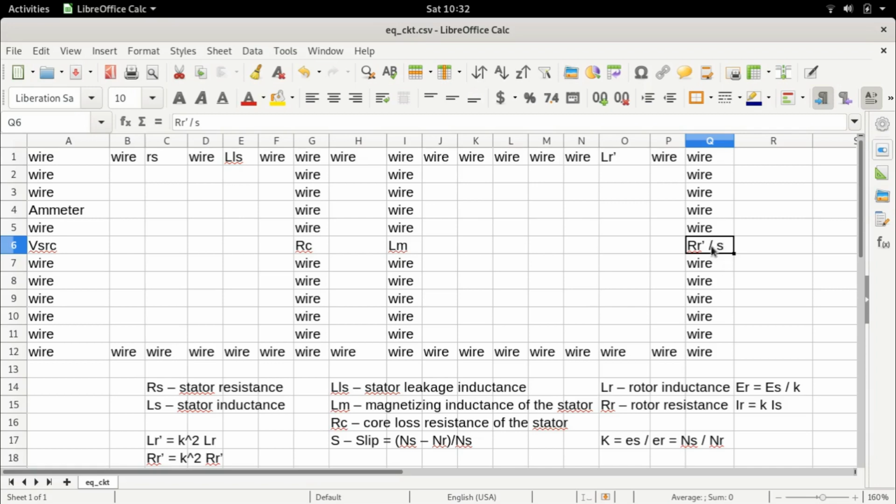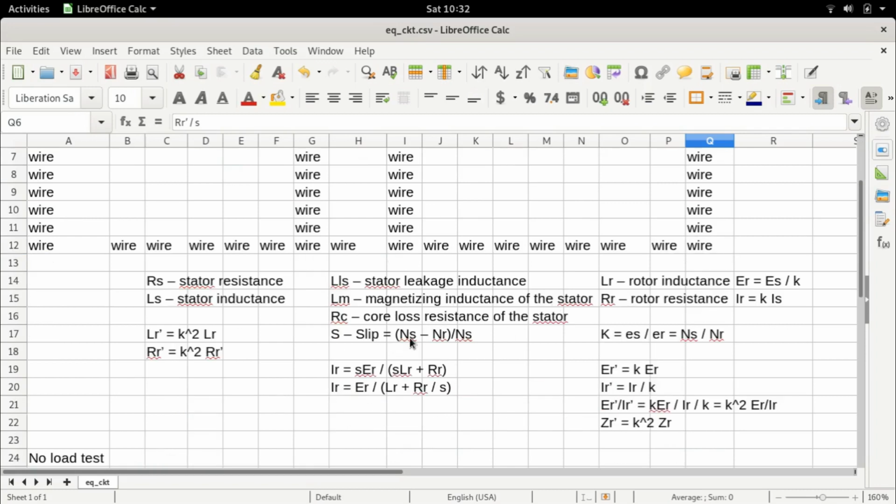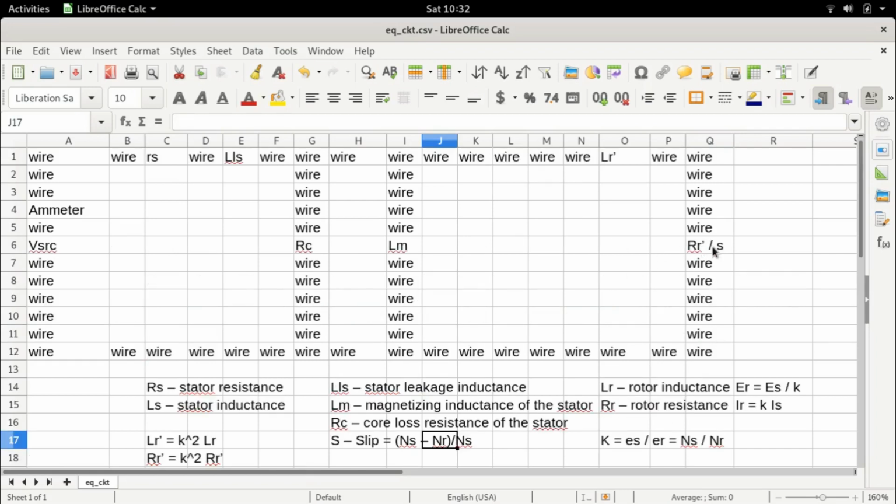When you block the rotor, you are making the slip s equal to 1, because remember, slip is defined as the synchronous speed minus the rotor speed, divided by the synchronous speed. If you block the rotor, this nr is 0. If nr is 0, this slip is 1. And if this slip is 1, this entire rotor resistance appears as it is in the circuit.